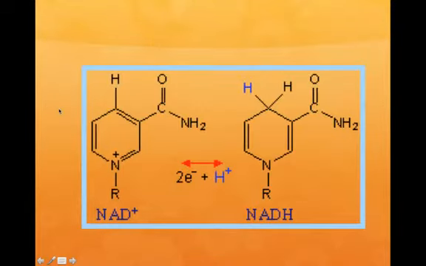Our next important molecule is nicotinamide adenine dinucleotide hydrogen, NADH, which is an electron carrier. Remember, we cannot make as much ATP as we want unless we first harness the electrons from organic molecules and take those electrons and put them to work to make ATP.